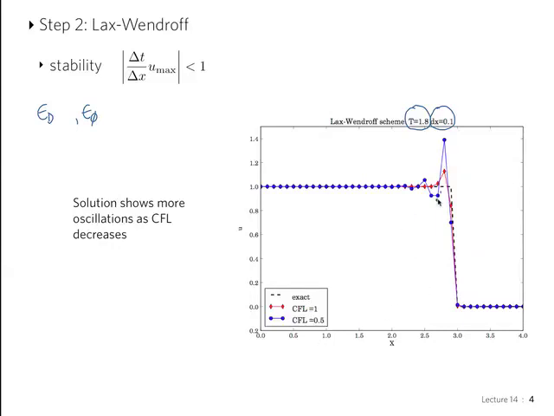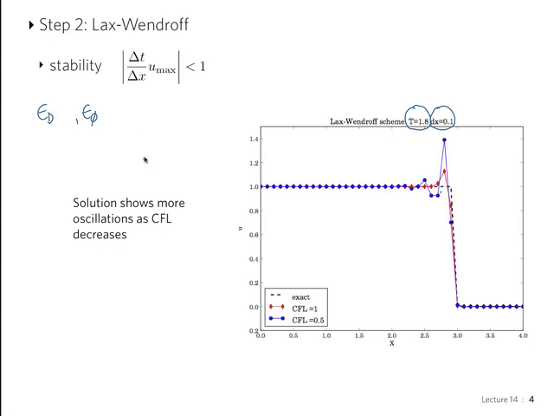Okay? And we will see that as CFL decreases, the oscillations are bigger in amplitude. They're more pronounced. So the solution deteriorates with smaller CFL number for everything else equal, in the case of the second order method, as well as in the case of the first order method.